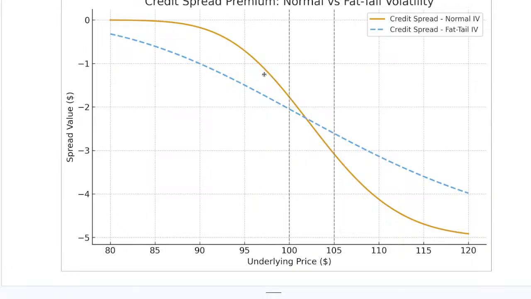Yeah, so this is the curve for the spread. Ignore the factor event. So this is the normal curve. See, credit spread: this is where the price moves. This is for a bear call spread, so the price moves downwards.